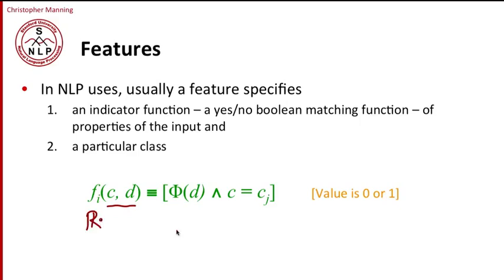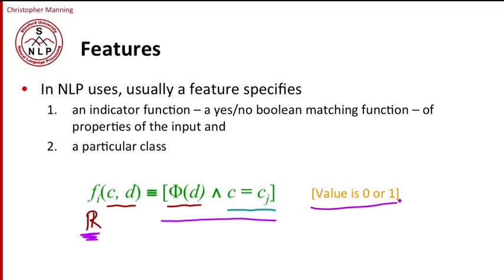But in practice, the features that we define have this very particular form. We have a matching predicate against the data, something like ends in the letter C and is a capitalized word, and that's conjoined together with saying a particular class is matched. The return value of the feature can in general be a real number, but our features here are logical Boolean predicates, and so their return value is either 0 or 1.